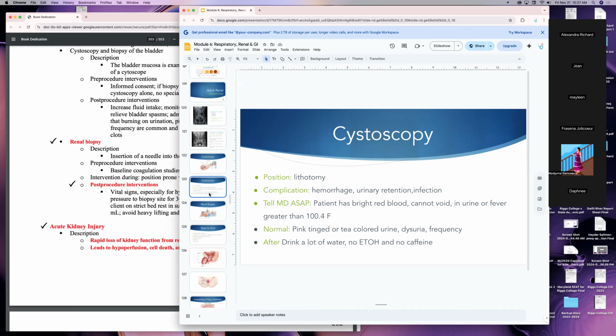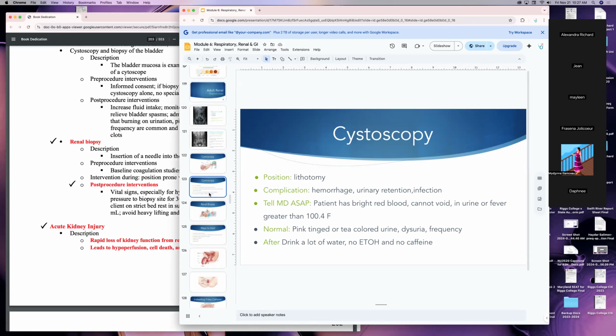Make sure you know the position for cystoscopy is lithotomy. The major complications you're worried about are hemorrhage, urinary retention, and infection. Things you need to notify the healthcare provider of immediately: if the patient has bright red blood, if they cannot void, or if they have a temperature greater than 100.4.